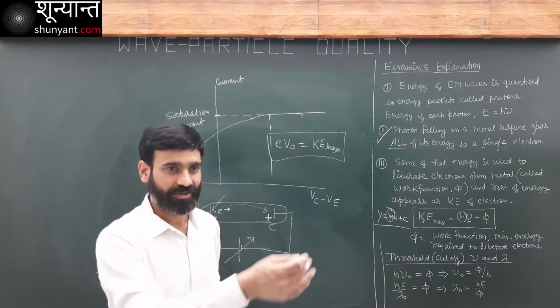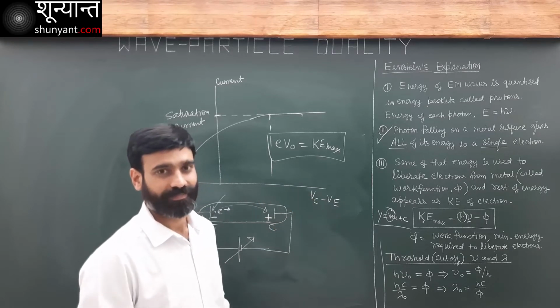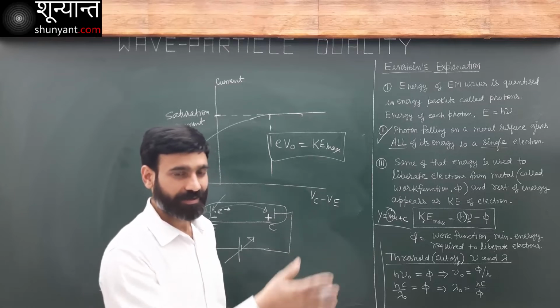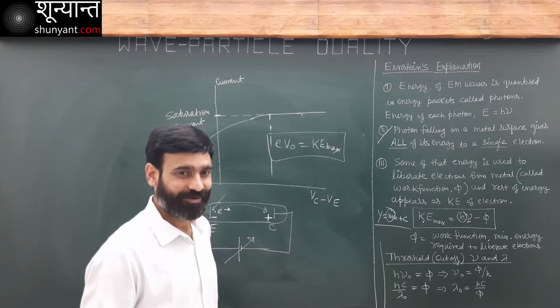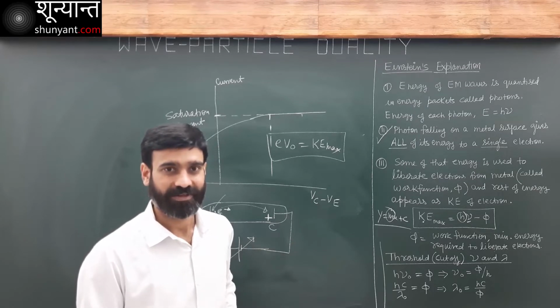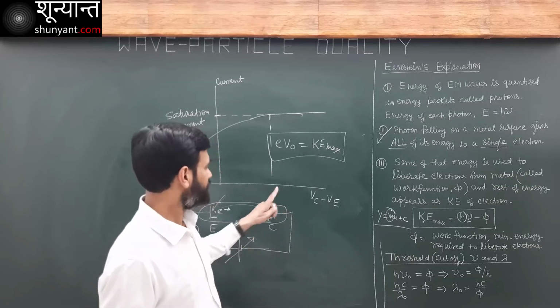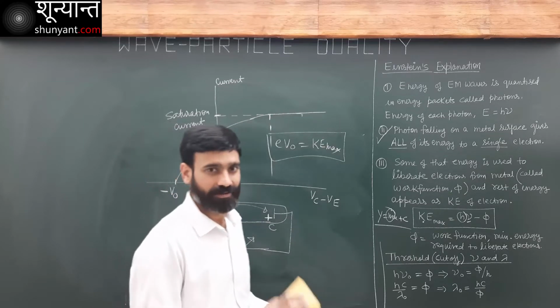There is no further change, even if it is more and more positive, because there are no electrons to be attracted. All of them are already attracted. So the current cannot increase. Current will increase only if the number of electrons increases per second. So this is how we can explain this saturation current.